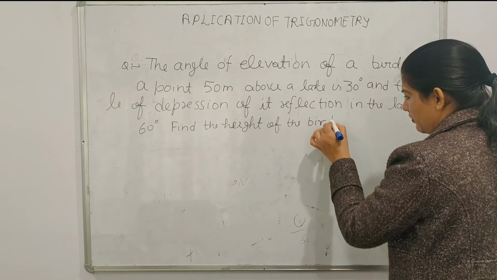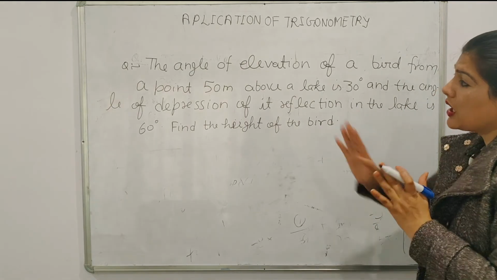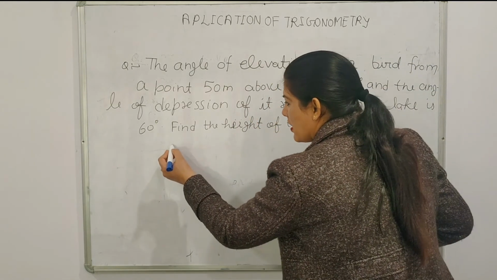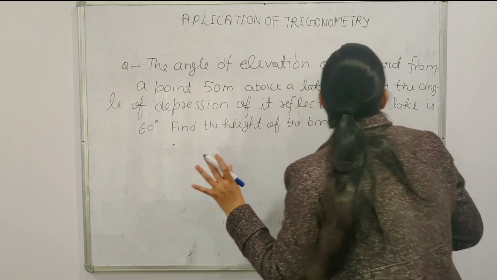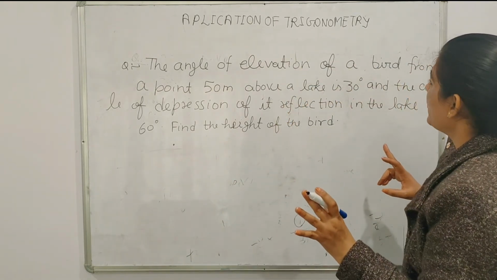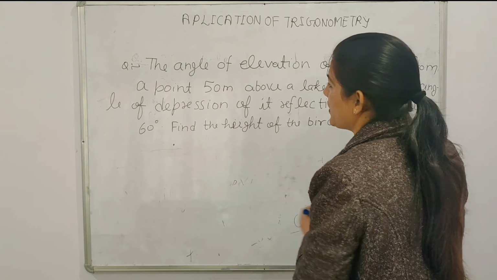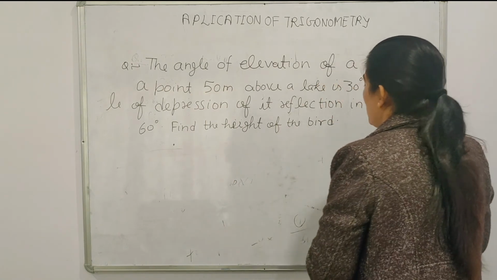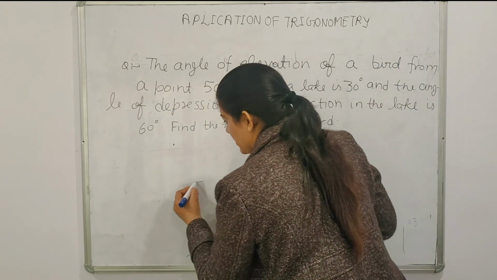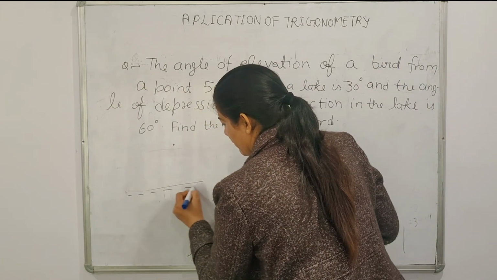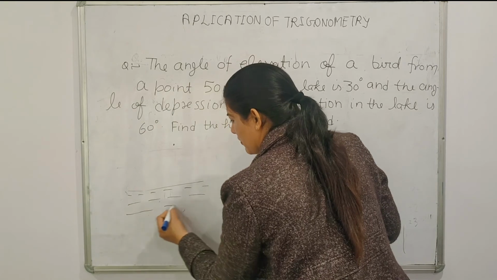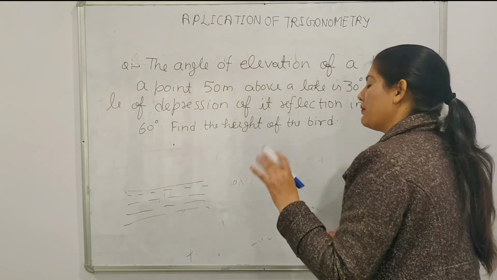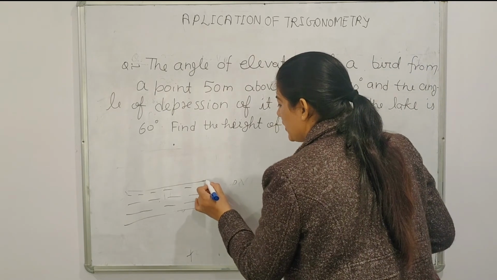So again read the question. The angle of elevation of a bird. So suppose here the point denotes the bird. The angle of elevation of a bird from a point 50 meter above a lake. So suppose there is a lake, and the point lies 50 meter above the lake.